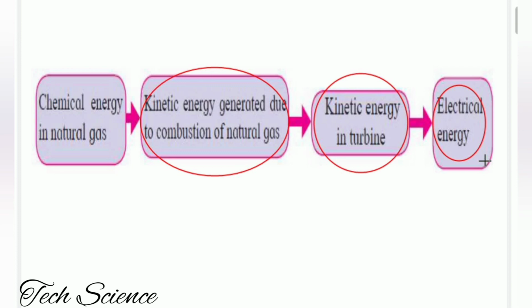This is the execution path with respect to the transformation of energy in a natural gas power plant, where we utilize the chemical energy of the natural gas and turn it into electrical energy. Okay, thank you.